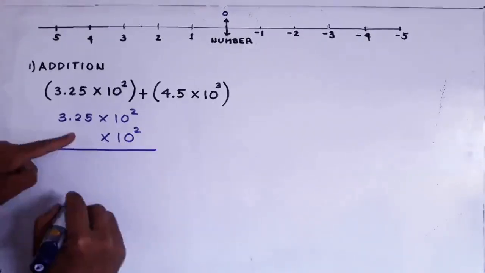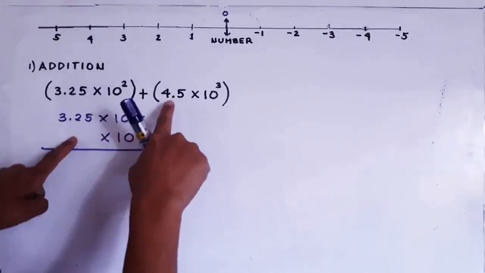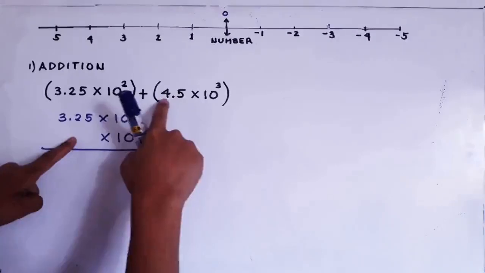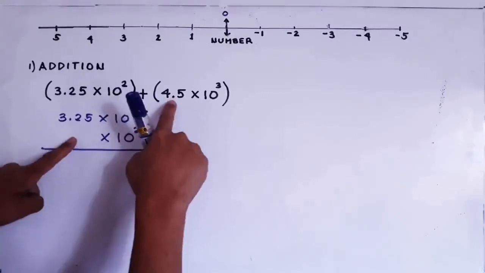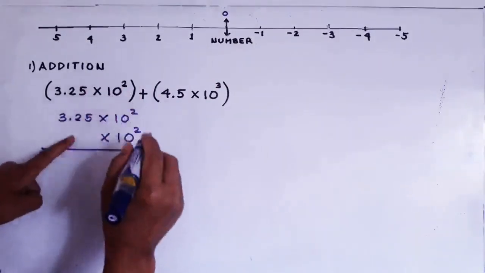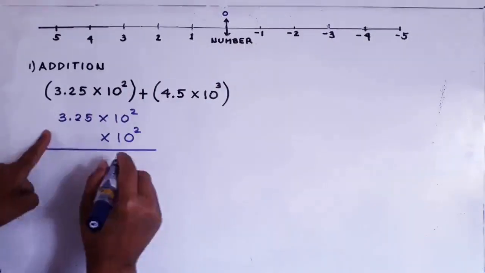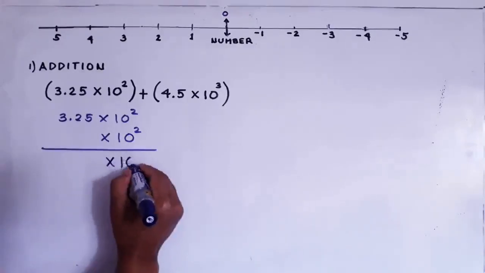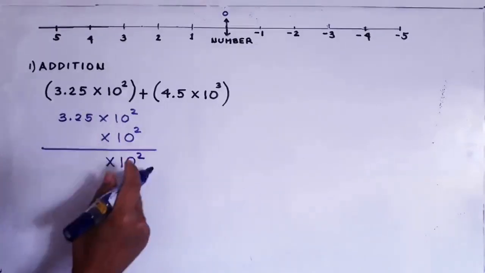But we don't know this one yet because the decimal point of this one will move either to the right or to the left. We know it's going to move only one place, because this one is 3, this one is 2. So we are not writing this one yet here. So the answer here will be times 10 to the second, because they are like terms, like the x squared there.